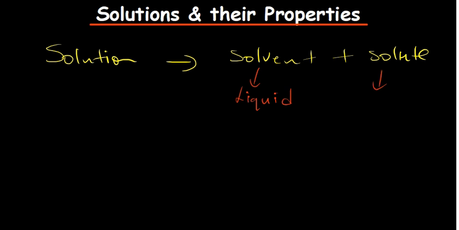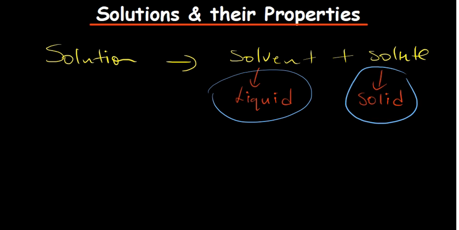A solute is usually a solid, but not always a solid. Solutions can be combinations of liquids, and a combination of a solid and a solid can still be called a solution. But for the sake of understanding, I want you to think of a solvent to be a liquid and a solute to be a solid, just for understanding's sake.